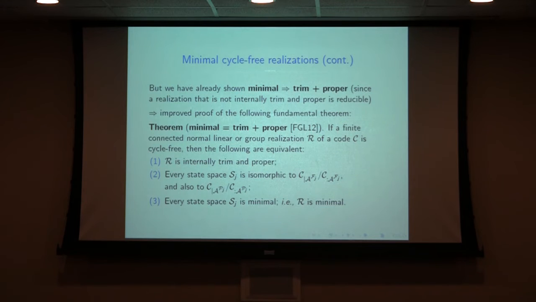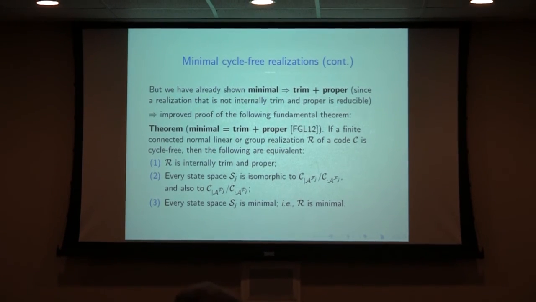I already showed you that in order for something to be minimal, it had to be trim and proper, because I showed you how to reduce any realization that's not trim and proper. So therefore, we get the following theorem, which I believe was first published in my paper with Heidi. The following are equivalent. If a realization is internally trim and proper, that simply means locally all the constraints are trim and proper.